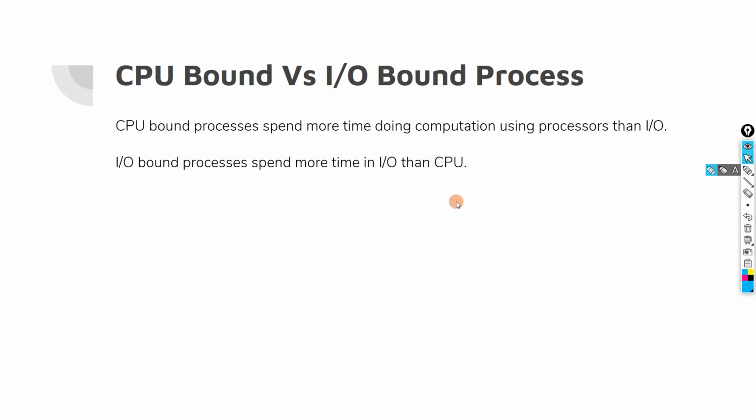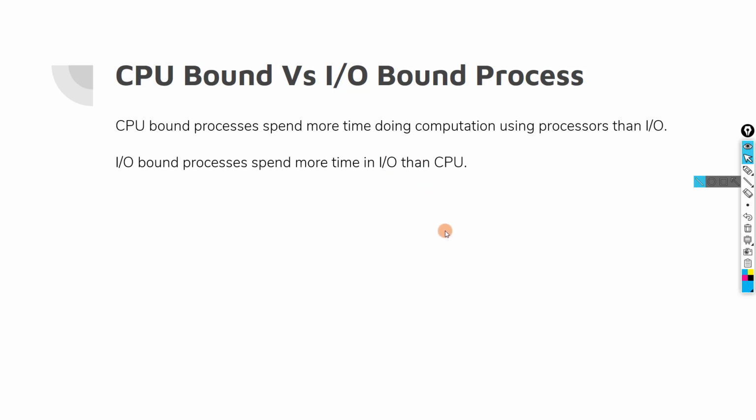Okay, so the whole code that you have written uses the CPU, the processing power of the computer, right? That means it uses computation to find the first 1000 prime numbers. So this process is a CPU bound process. So there may be different kinds of processes in the operating system. Some are IO bound and some are CPU bound.